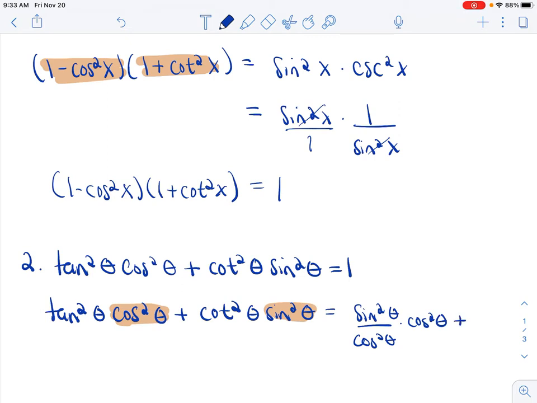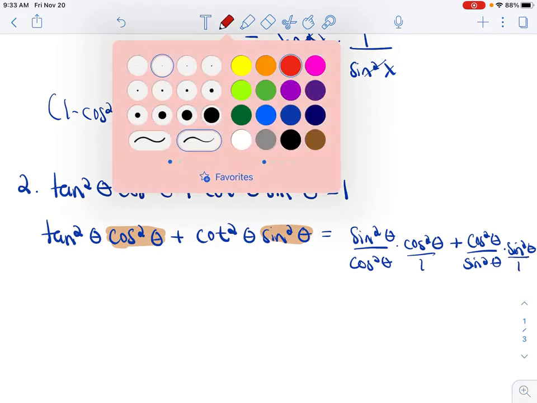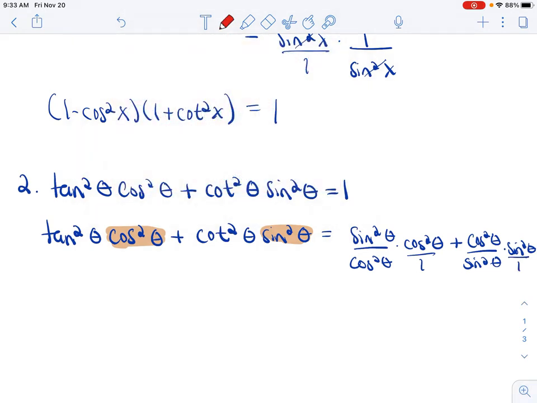And then cotangent squared is cosine squared over sine squared. And I'm going to run out of space, so I'm going to move this up. Then I can multiply by sine squared. And these are over 1. And this feels really good because this is the indicator you're on the right track, because things are starting to reduce out. Oh my goodness.